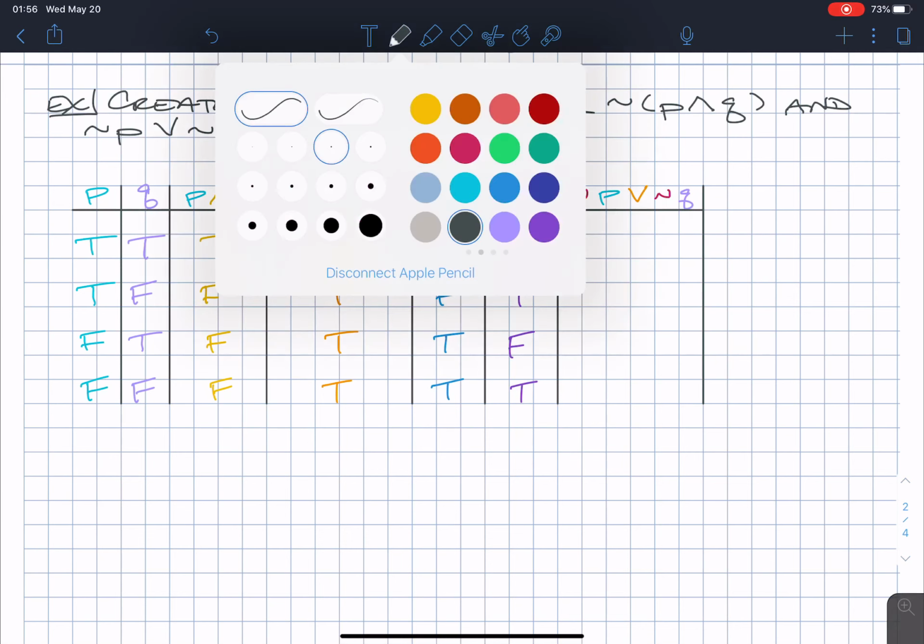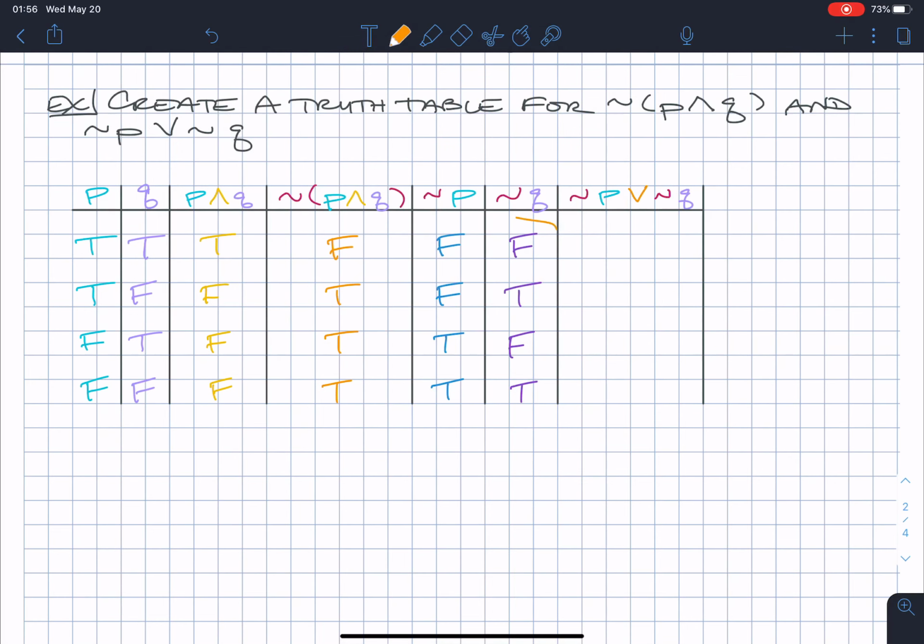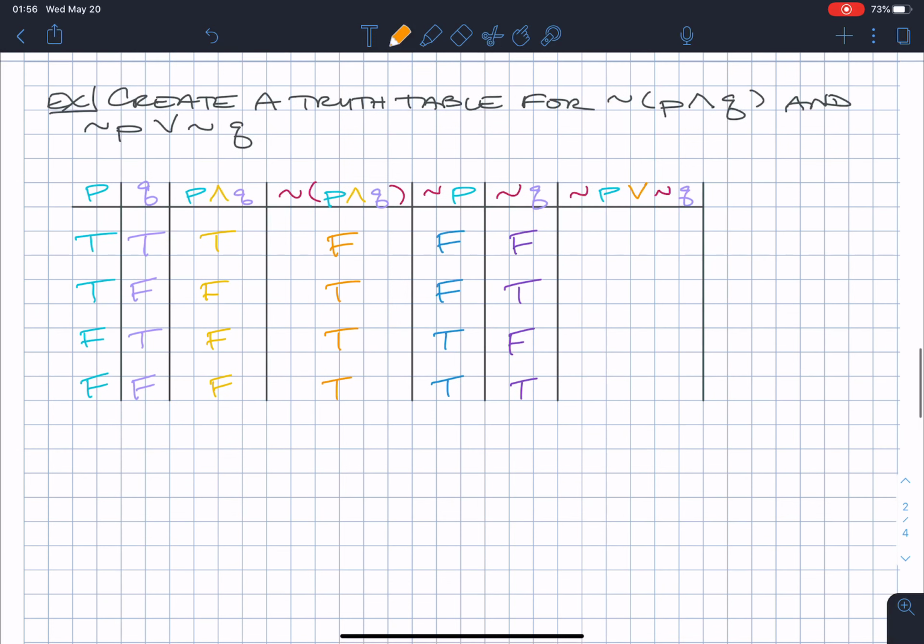So we're looking at these guys here, either or. So is either not P or not Q true? No. So this guy's false. Then all the rest of them have at least one true. So that'd be true, true, true.